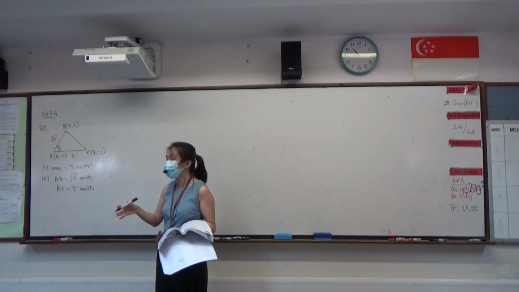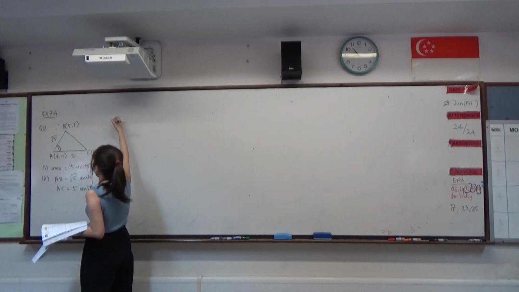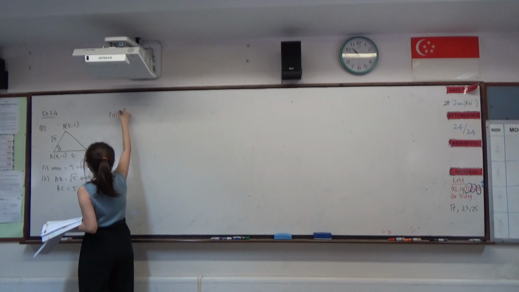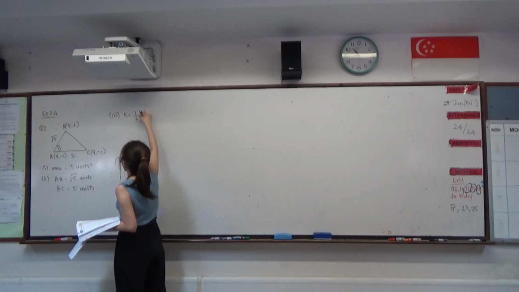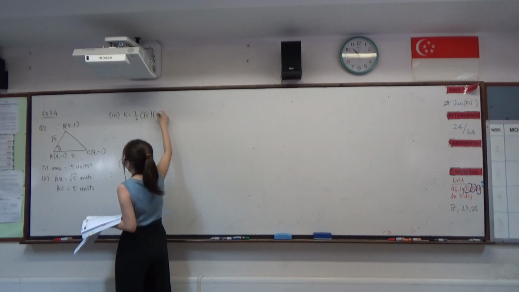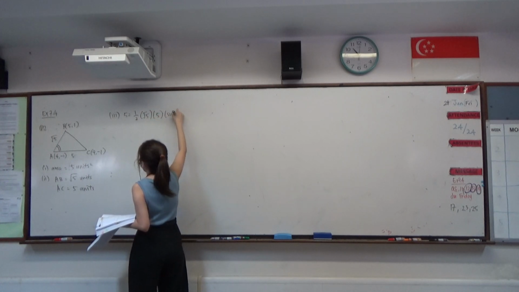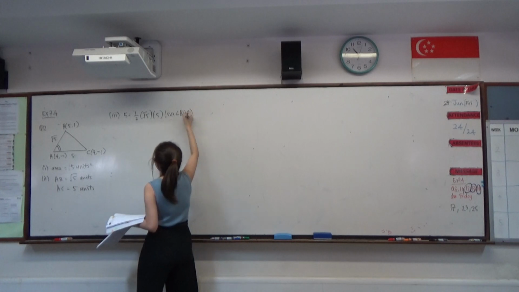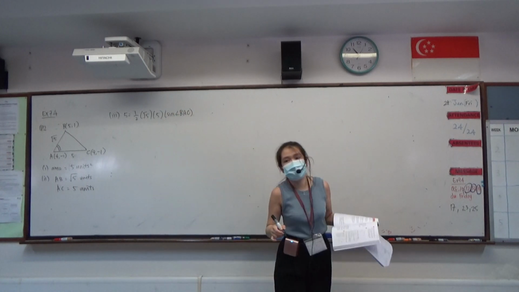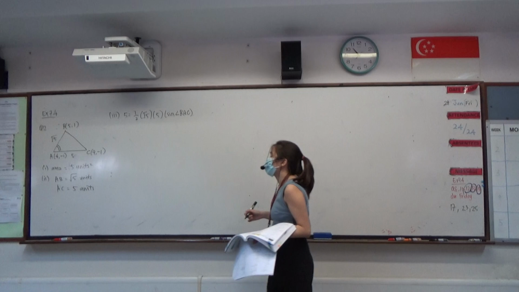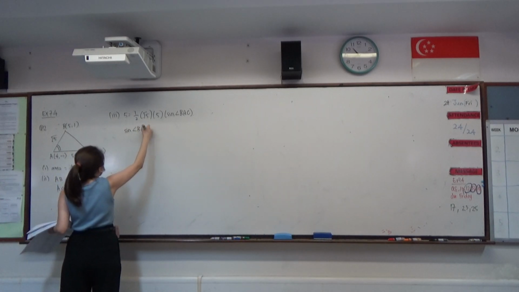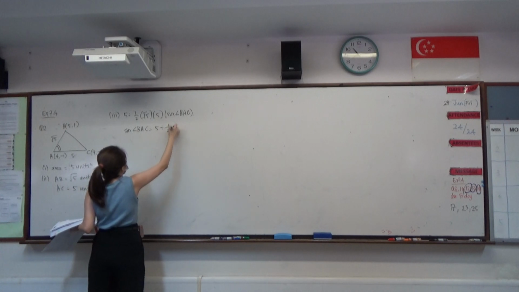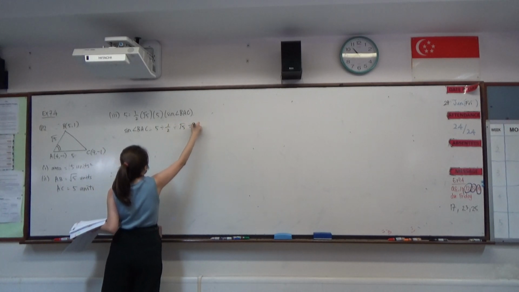So what we can do is to make use of part I, where we have the area. Then equate it with the half times AB sine C formula. So we make use of the lengths square root of 5 and 5. Then we manipulate and we will be able to get sine of angle BAC to be 5 divided by half divided by square root of 5 divided by 5.